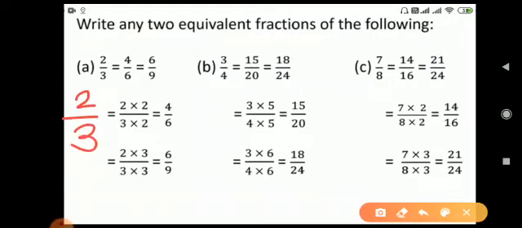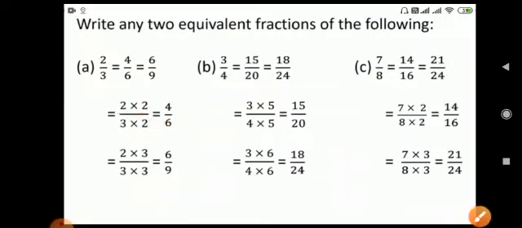So I will multiply the numerator and denominator with the same number, that is 2. 2 multiplied by 2 and 3 multiplied by 2. So I will get 2 2s are 4 and 3 2s are 6 in the denominator. So one equivalent fraction for 2 upon 3 is 4 upon 6.